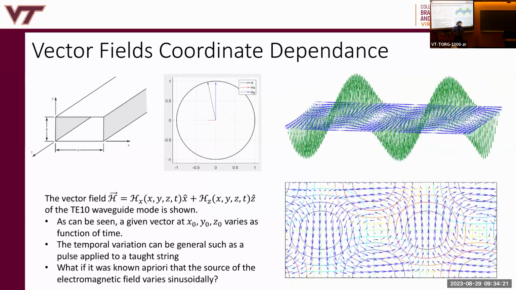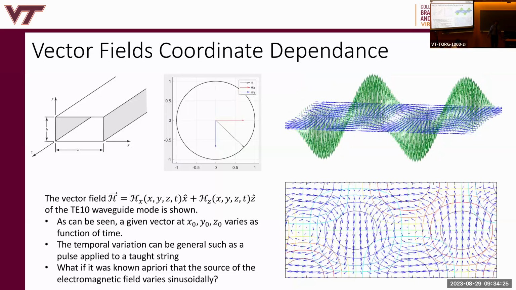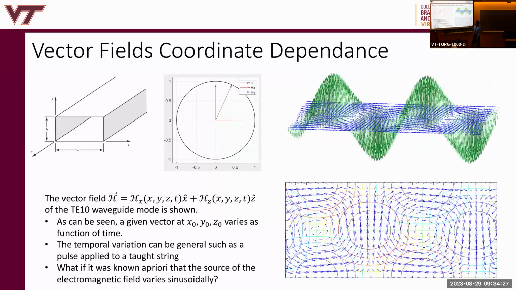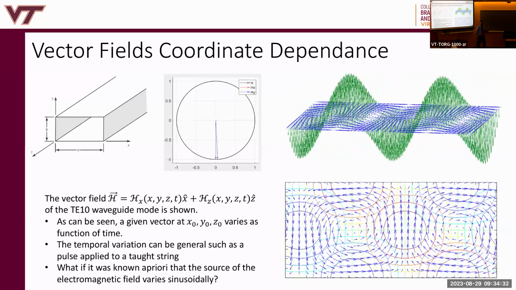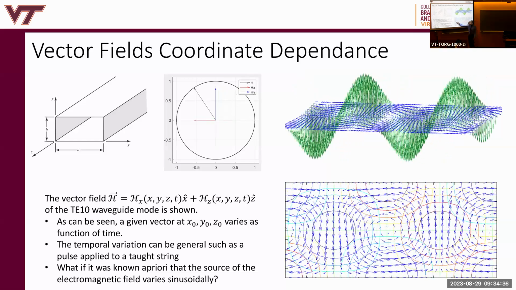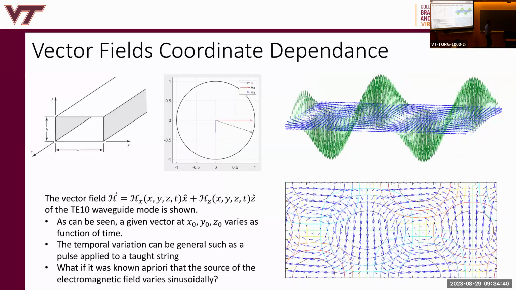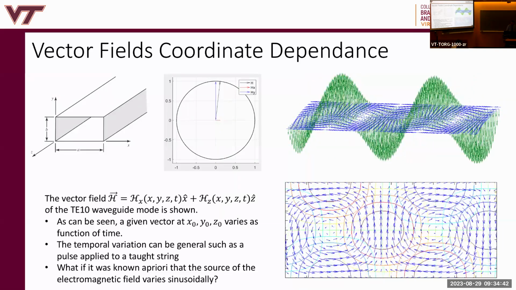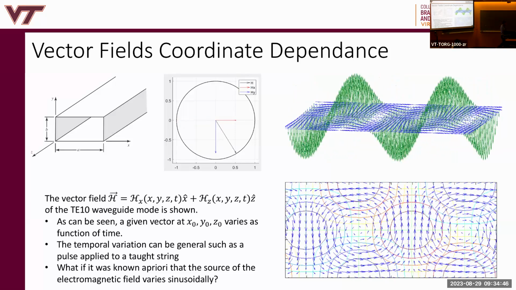We'll see later in the semester that in that case you get what's called circular polarization, but here we just want to observe that the vector field can rotate in a circle. You need two components, and you need them out of phase, so that when you add them up, the net effect is that the actual H field is rotating. Okay, great. So the main takeaway here is that this vector field is dynamic and has temporal dependence.